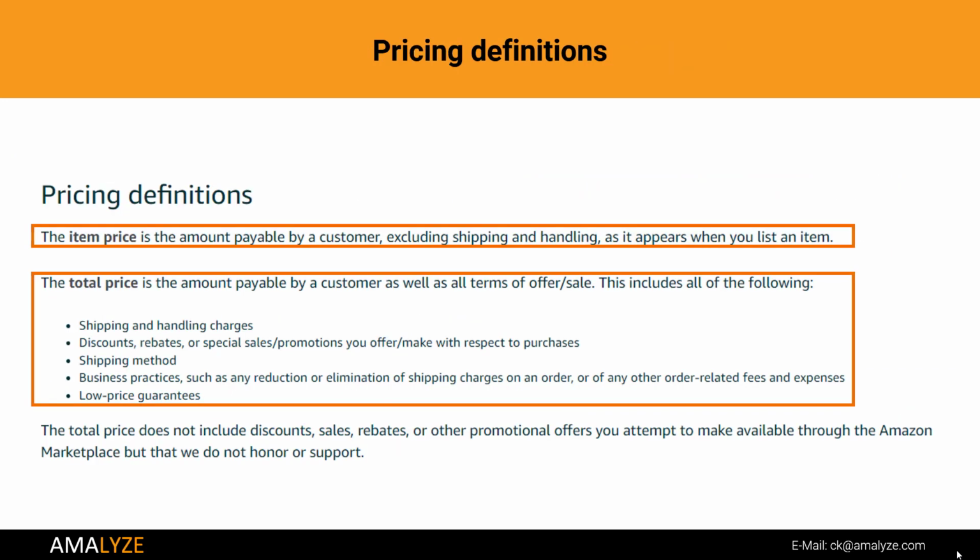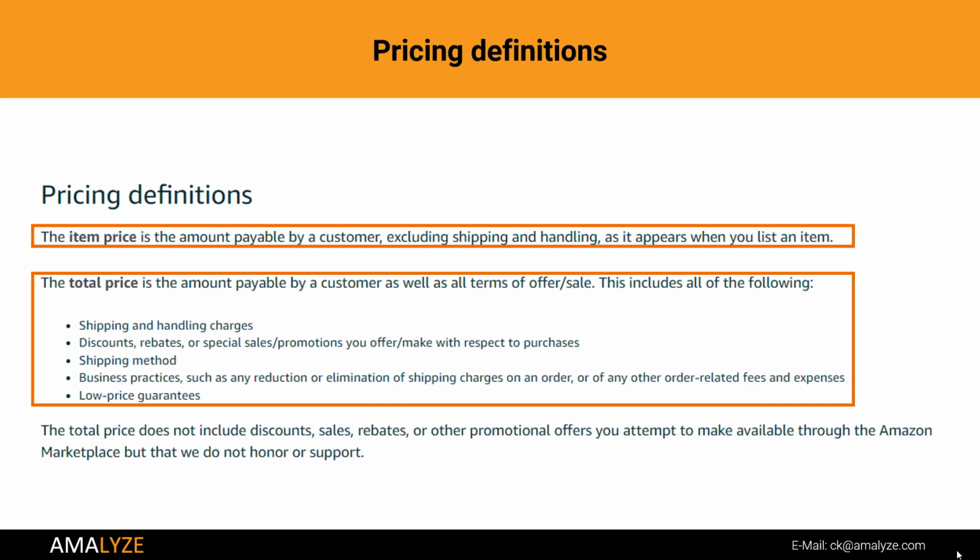Then we have more pricing definitions, like the item price. That is the amount payable by a customer excluding shipping and handling, and it appears when you list an item. The total price is the amount payable by a customer as well as all terms of offer and sale.